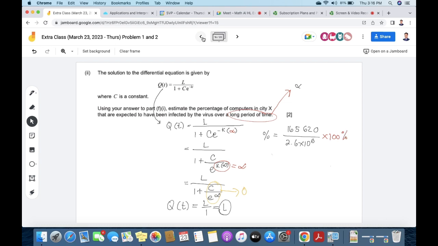And this gives you 6.3712%, depending on what value you're using.